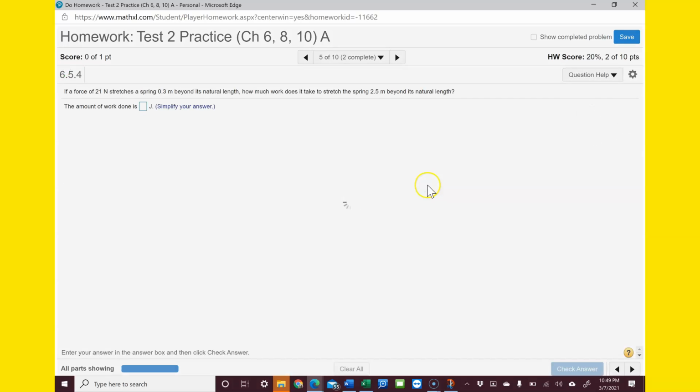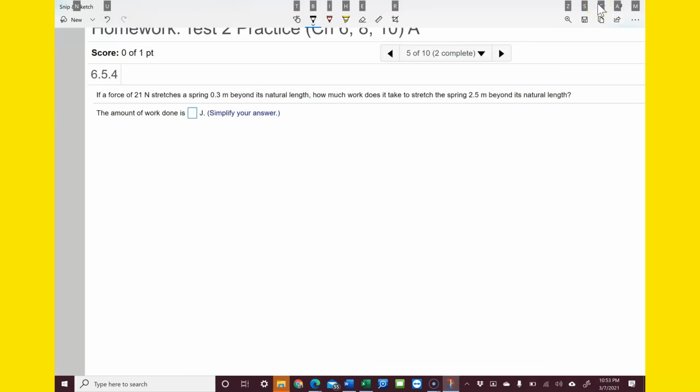Next question. Number 5. If a force of 21 newtons stretches a spring 0.3 meters beyond its natural length, how much work does it take to stretch the spring 2.5 meters beyond its natural length? Okay, so I think the first thing I want to do here is figure out the spring constant for this spring.